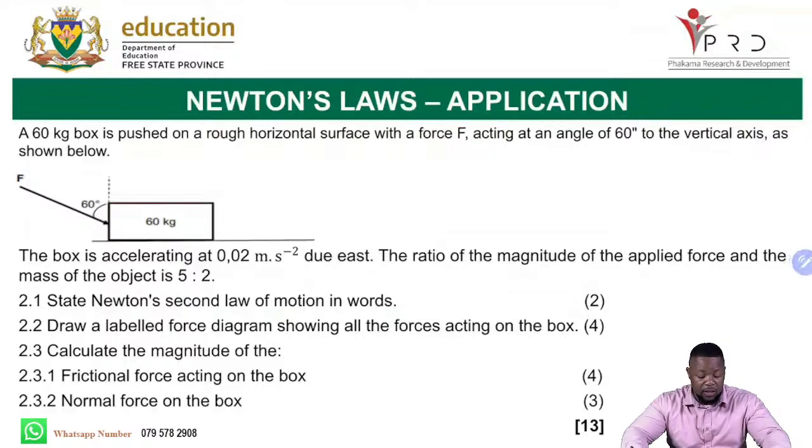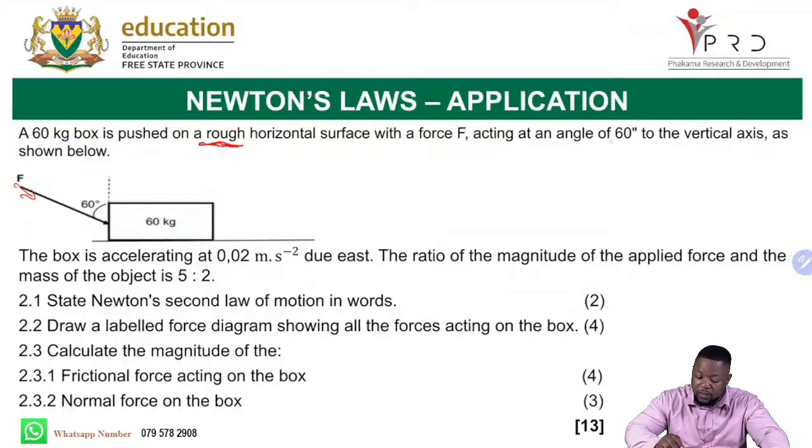A 60 kg box is pushed on a rough, horizontal surface with a force F. We must be able to see that force F is acting at an angle of 60 degrees to the vertical axis.